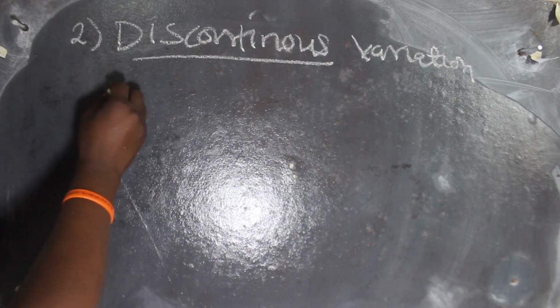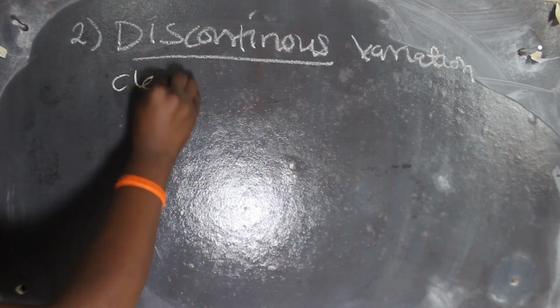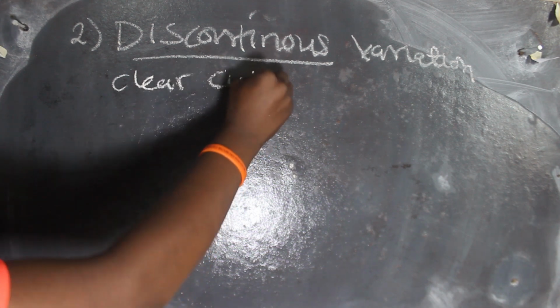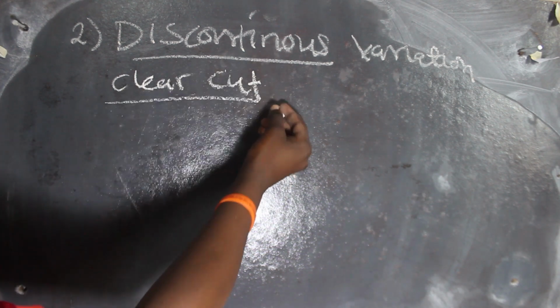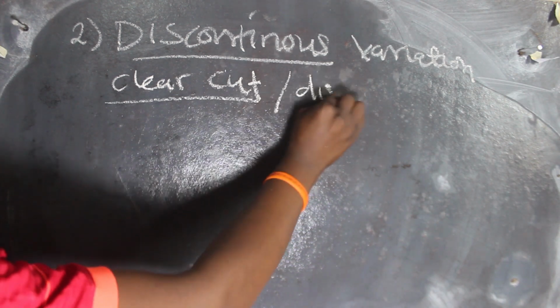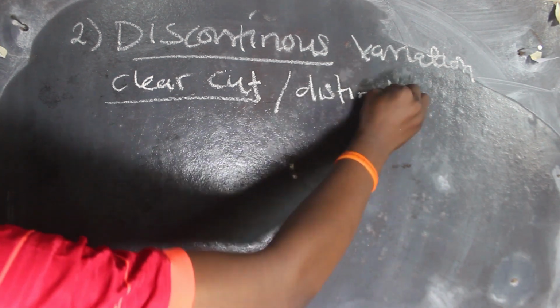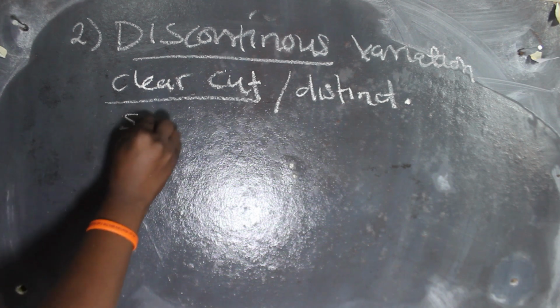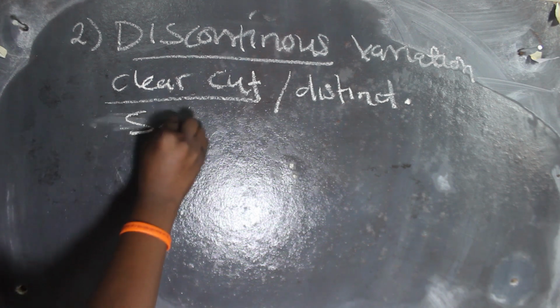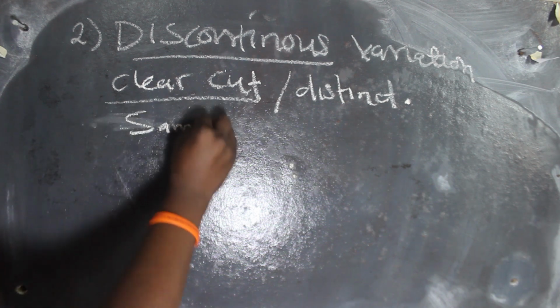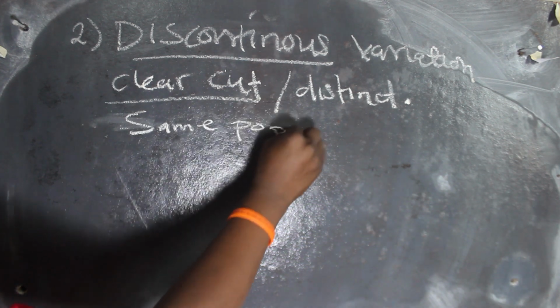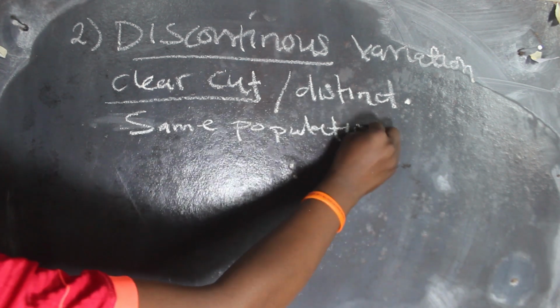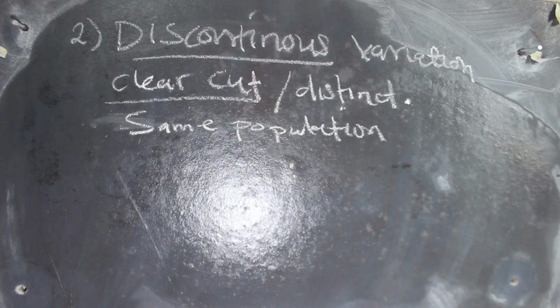What does it mean to say a clear cut? We have a distinction. It is distinct, different from the rest of the other population. It can be the same species, the same parent, the same population, the same organism, but you have a clear cut.